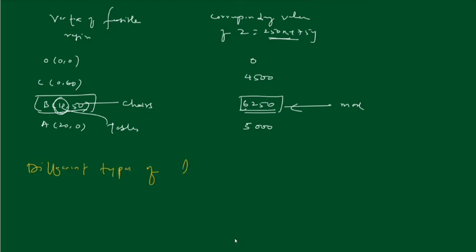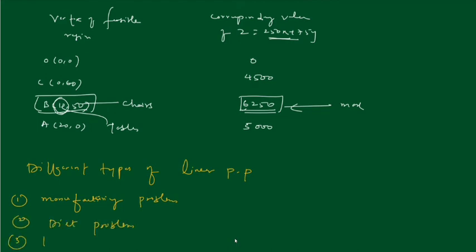types of linear programming problem. That is nothing but the first one is manufacturing problem. Second one is diet problem.